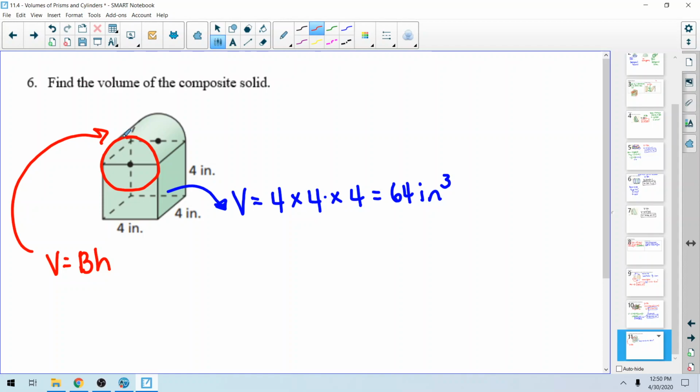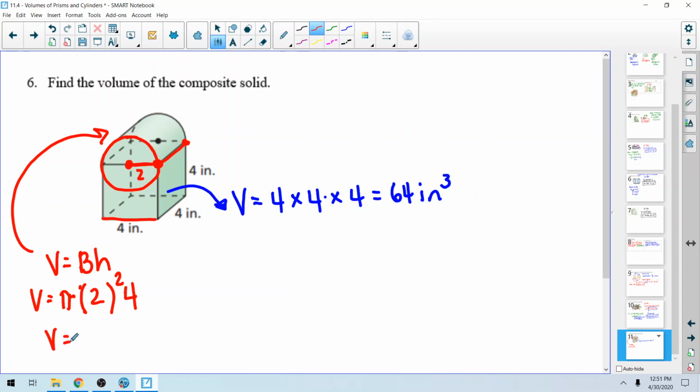Okay, I'm going to draw the whole thing for now, which is a circle. So area of the base of a circle is pi times the radius squared. Radius is from the center to the edge, which if this whole thing is 4, that's 2. So volume equals pi times the radius squared times the height, which is from the first circle back to the second circle, which is 4.